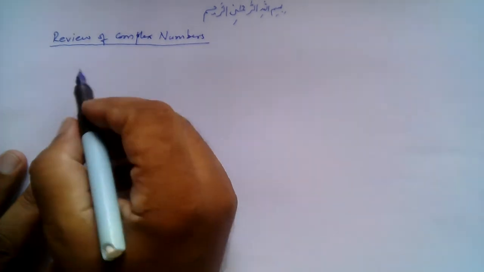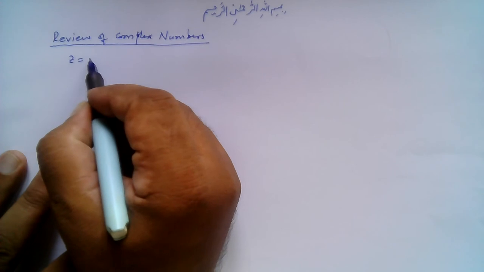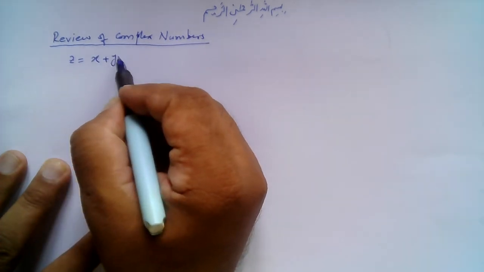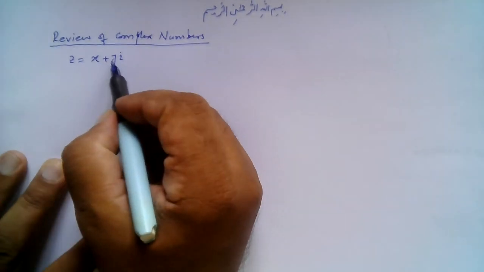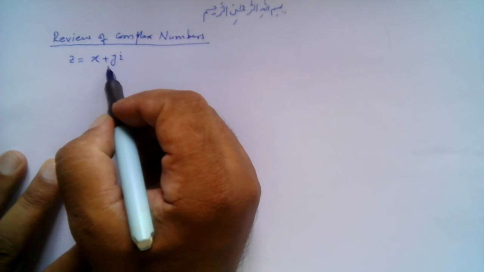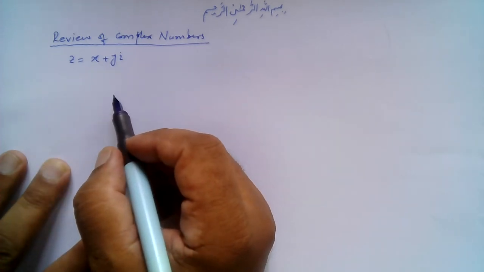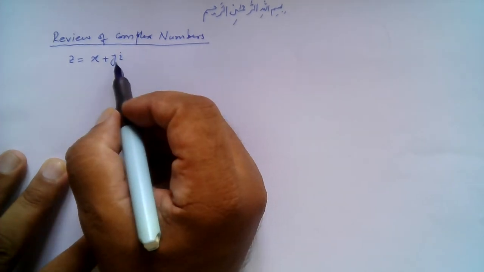A complex number in rectangular form, you must have studied it like this: x plus y iota. So this is the real part, and this is the imaginary part. But first thing that you must know is that in electrical engineering, we usually don't use this iota in the complex number.